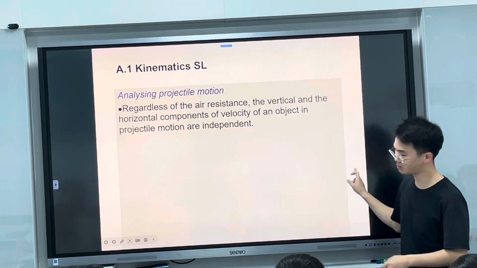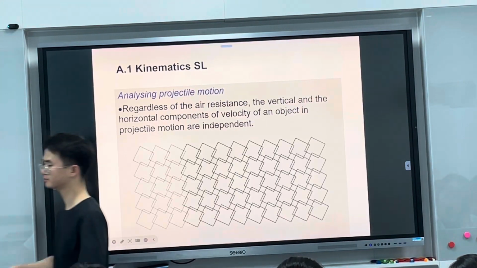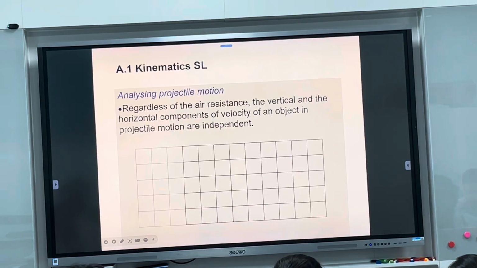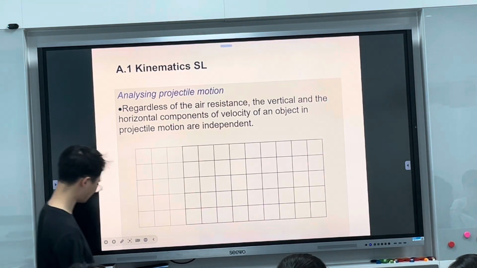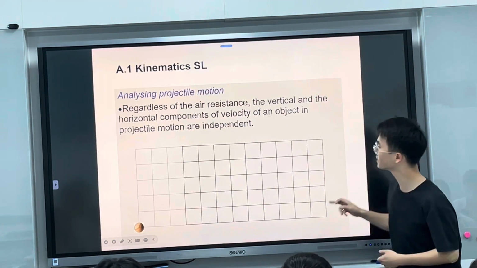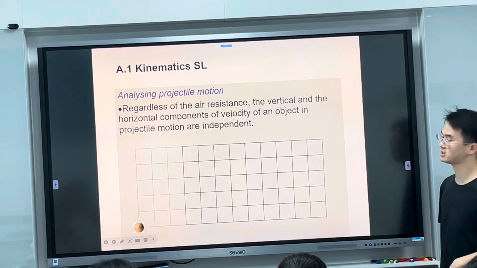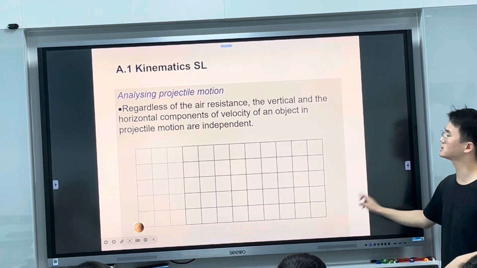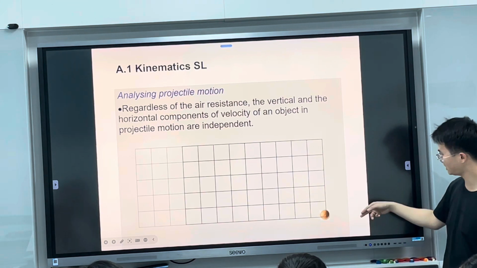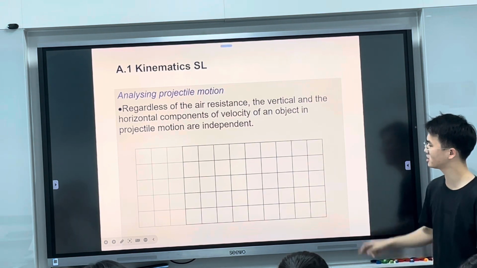So, how do we analyze projectile motion? We can use a grid like that to help us understand what exactly is going on. So when we throw a ball, in the example of Mr. Kai just launched that projectile, you see the trajectory looks like that.